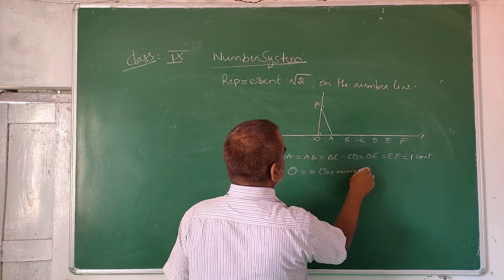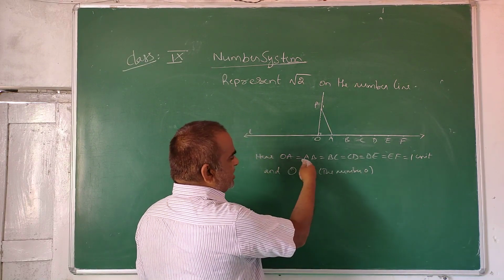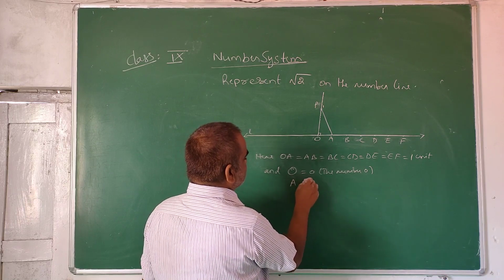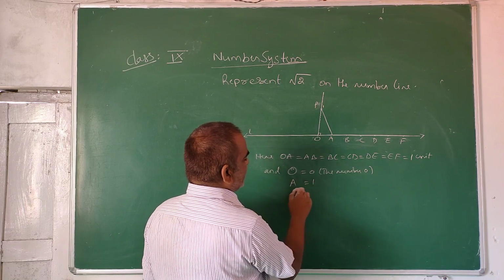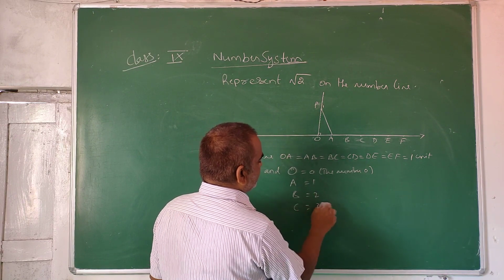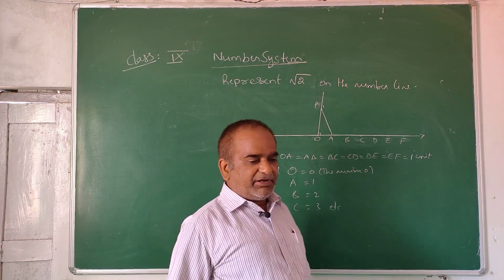Therefore, as you are maintaining one unit constant distance, A stands for 1, the number 1, B stands for 2, C stands for the number 3, etc. For sake of convenience, I am taking like this.